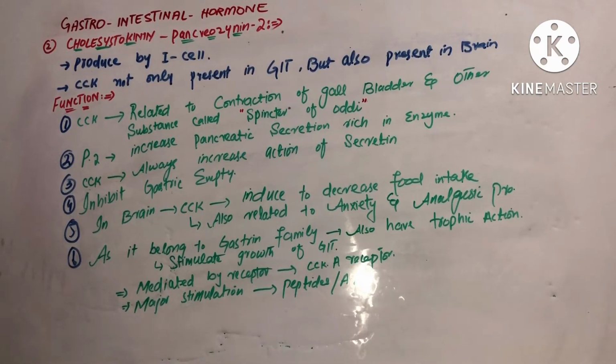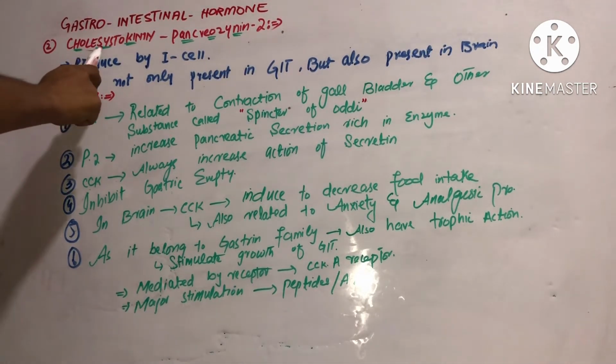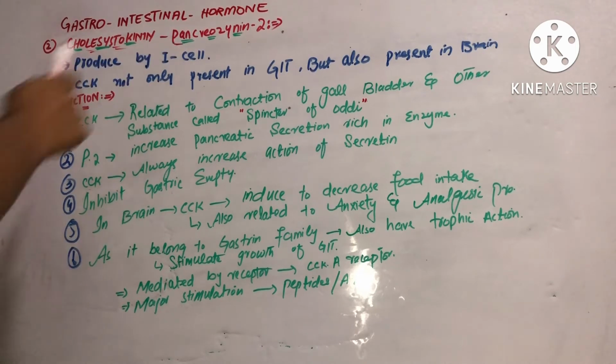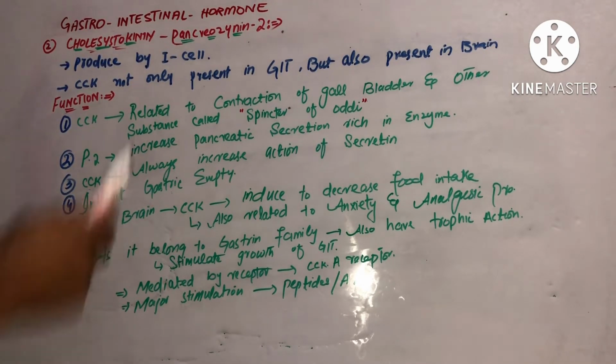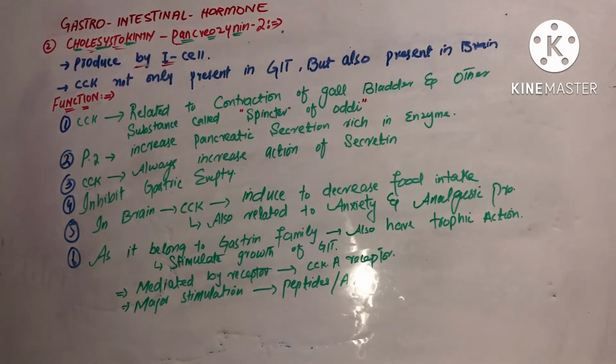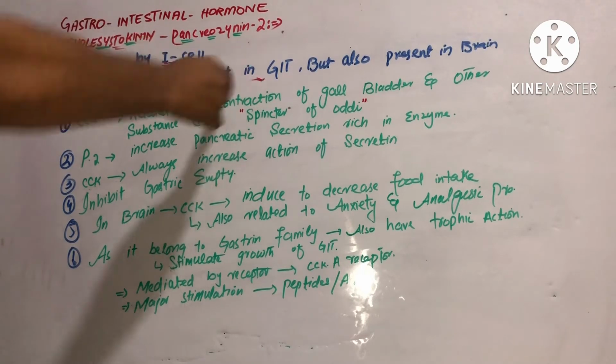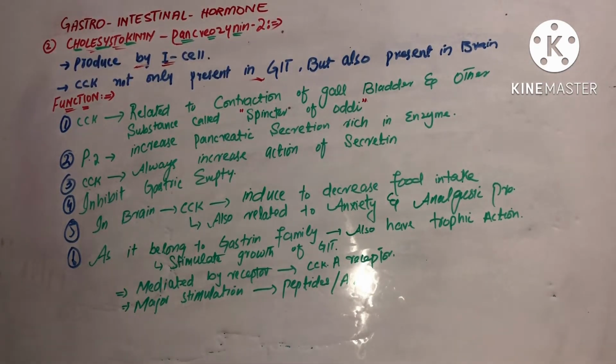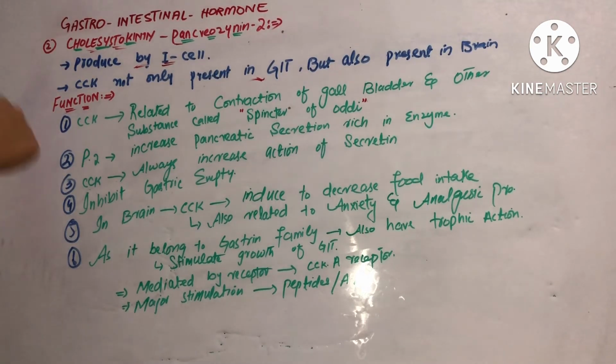The second hormone in the gastrin family is cholecystokinin-pancreozymin. It is produced by the I cell. Cholecystokinin is not only present in the GIT, but it is also present inside the brain. Now we will discuss the functions of cholecystokinin-pancreozymin.